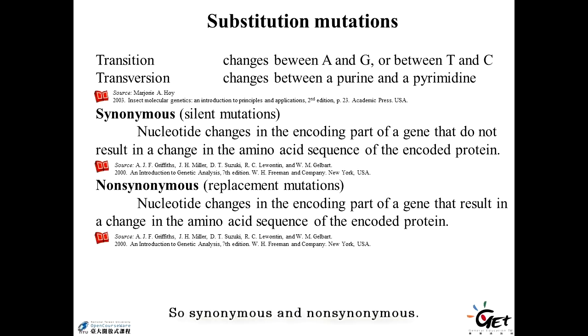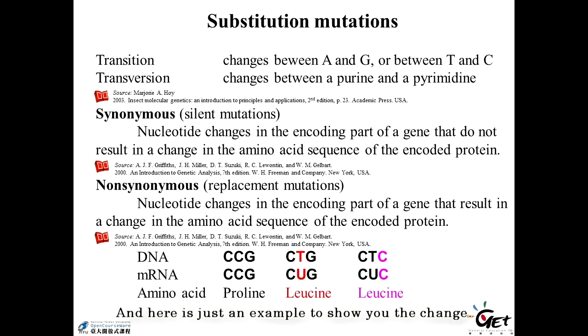So the synonymous and non-synonymous. And here is just an example to show you the change. At the DNA sequence level, I just put the messenger RNA here and the amino acid sequence at the bottom. If the sequence at the nucleotide level does change the amino acid sequence, then you will see the differences. Just assume this is an ancestral sequence, and take this codon as an example. It's CCG, and if the second position changes to T, that's the second column here.